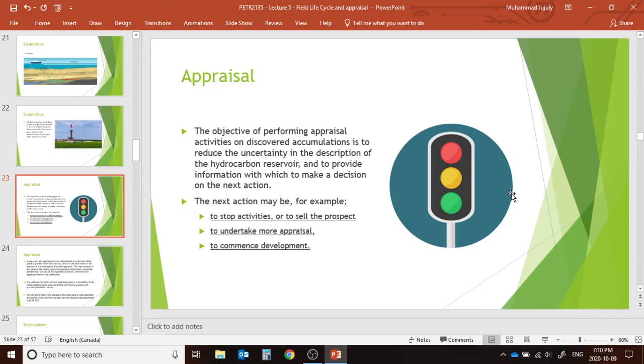Okay, now the appraisal is actually, in plain words, to analyze the data, like the seismic data or any type of data, for instance oil logs data, any other activities, to invest more money in data analysis and stuff, and then to reduce uncertainty about the oil and to become more sure, to provide more information about what type of decision we should take as the next action.